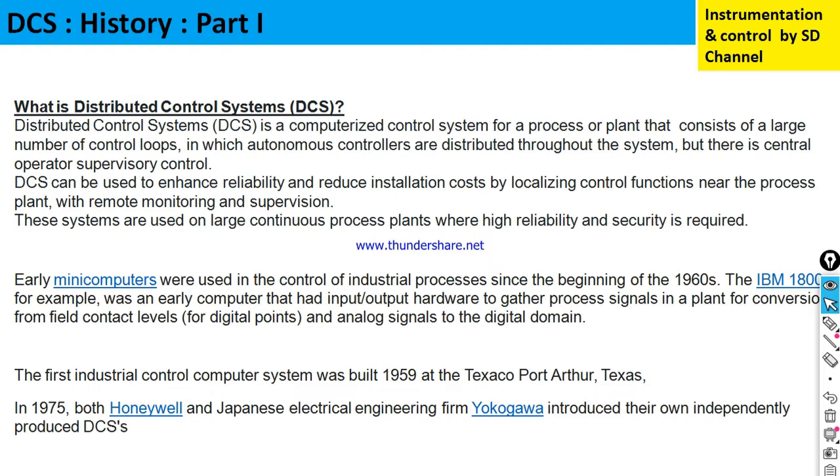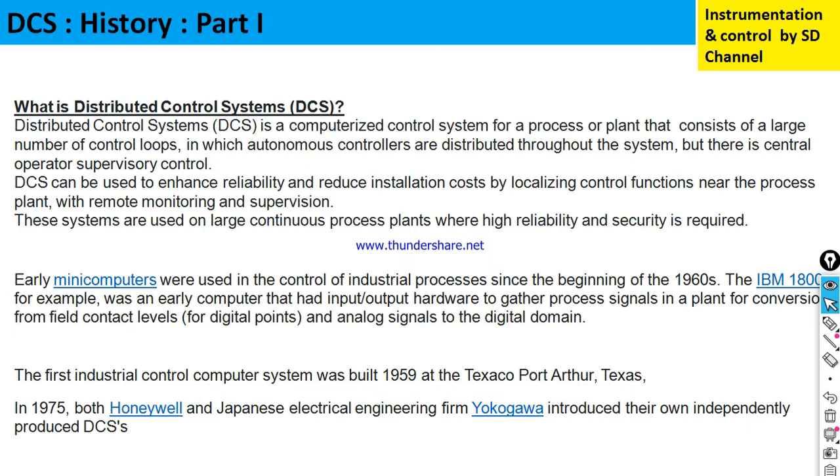The function of the DCS is to control the process industry like petrochemical, oil and gas, and chemical industry, all those things. So it is the heart of the main plant, meaning the process industry. The distributed control system is the control system which is distributed into the industry to control the process.